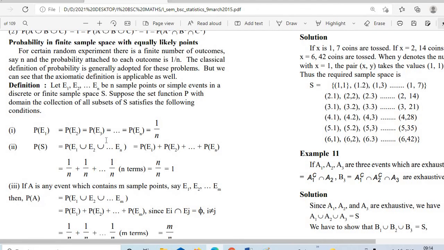That is what equally likely means. Okay, so each element will have the same probability. If there are n elements, the probability will be 1/n. Moreover they are disjoint.